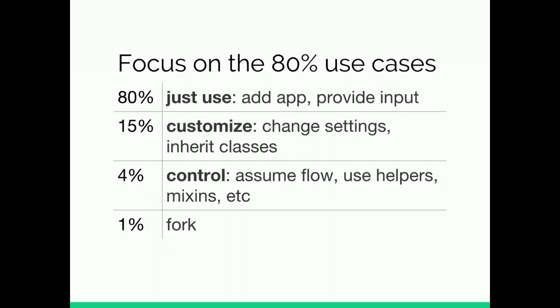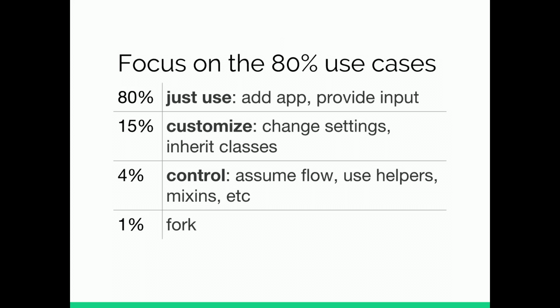So for 80% of our app users, we want them to just use our app, just add it on the settings, provide some input for it, and then they should get the solution to what they are looking for. This is really good app usage because you just install it, configure it a bit, and you are done. But that doesn't mean we need to forget about the other 20%.